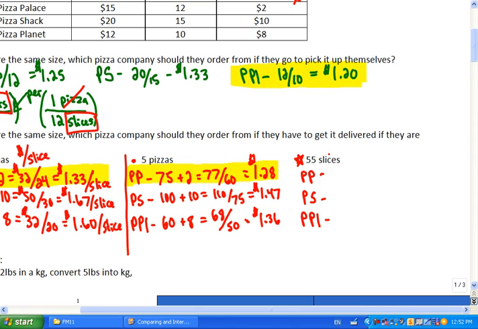We can't order 4.5 pizzas, unfortunately. From the Pizza Palace, there's 12 slices. Yeah, 60 slices, which would be 5 pizzas.